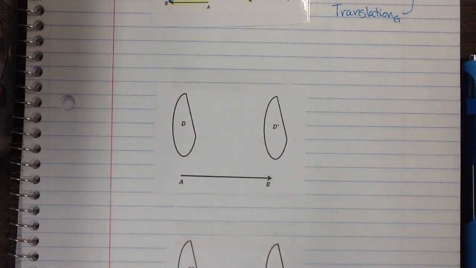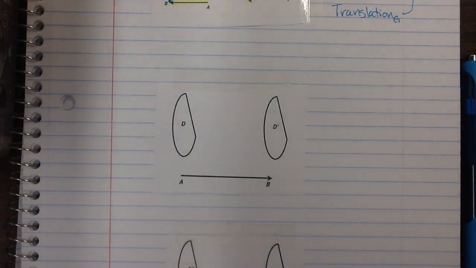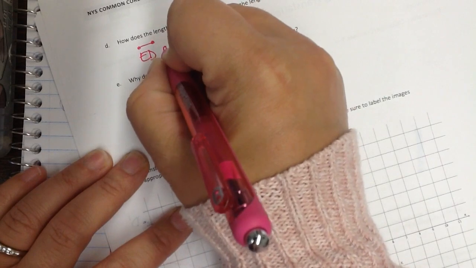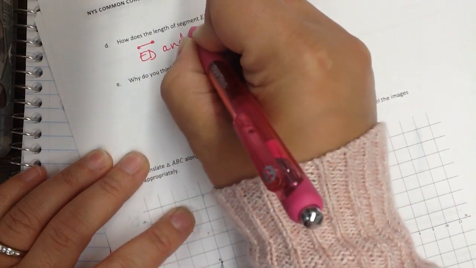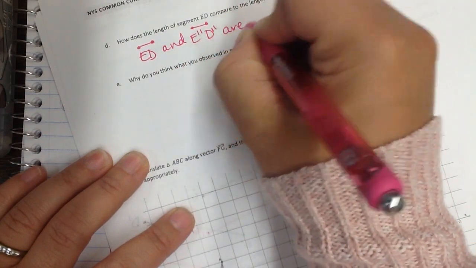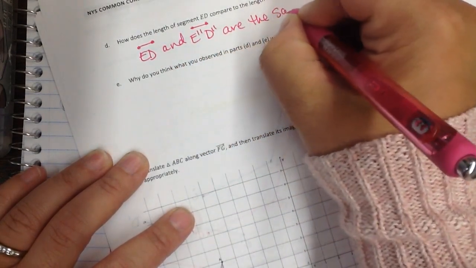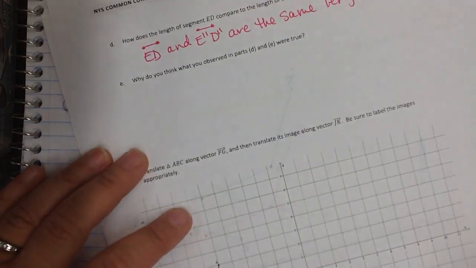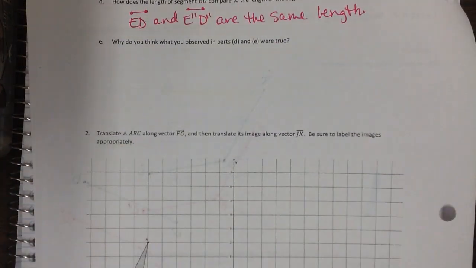So segment ED and segment E prime prime, D prime prime are the same length because translations preserve segment lengths.